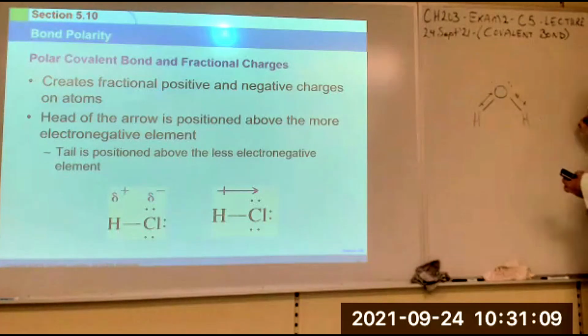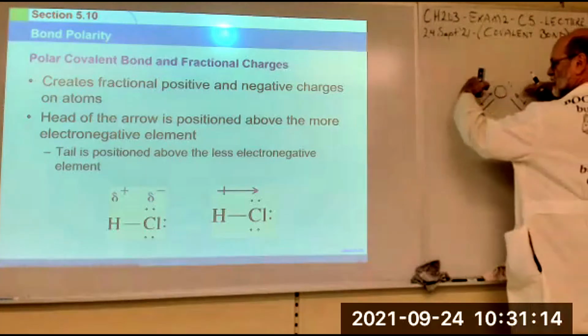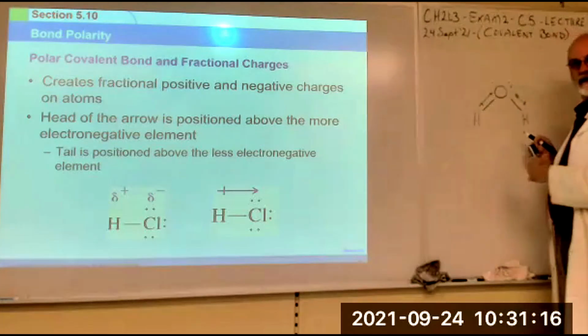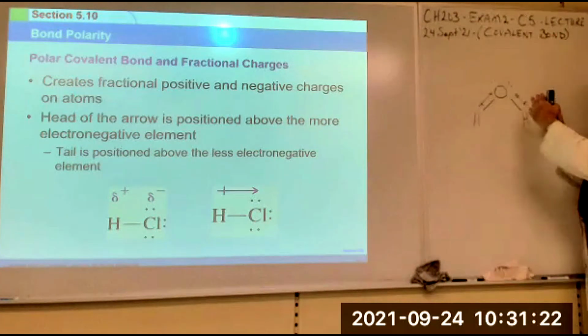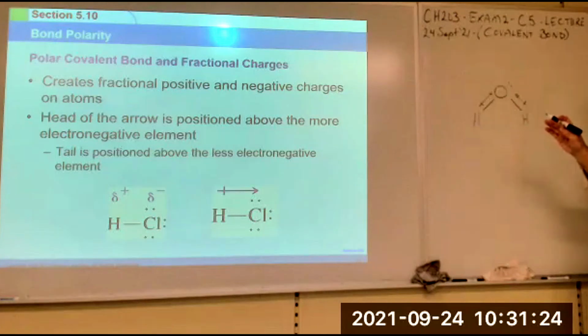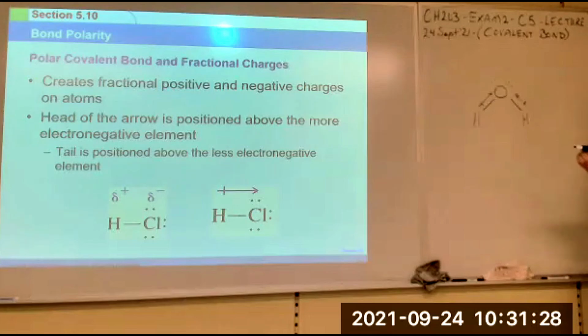So what would happen if we had hydrogens positioned like that? They would cancel one another out and make a non-polar molecule. But since they're bent, we do what we call vector summation. It's not a direct A plus B. It takes into account direction as well. That's why we say vector.